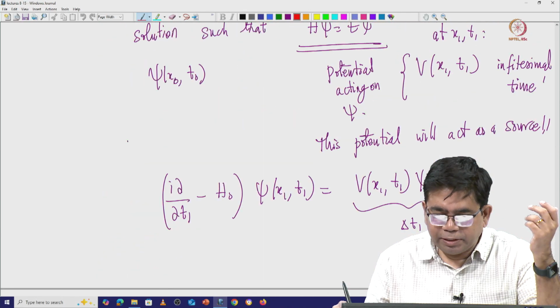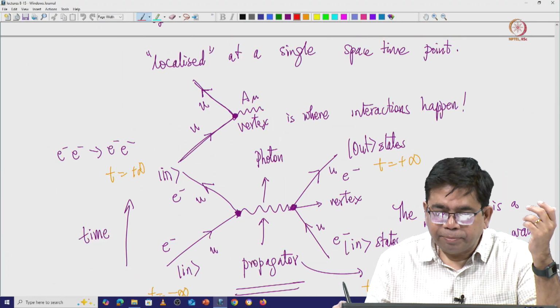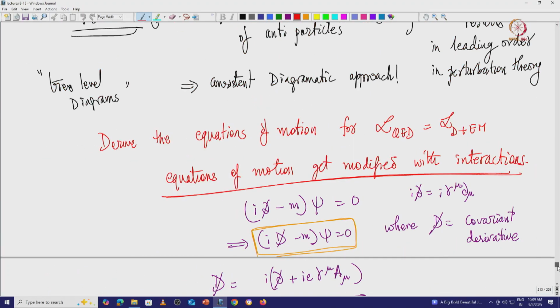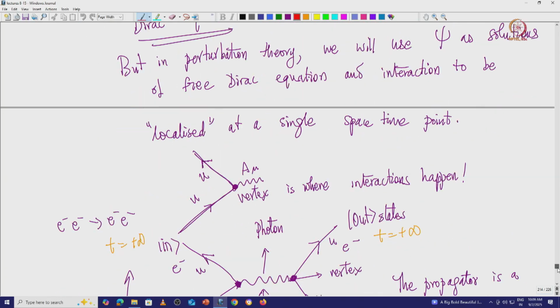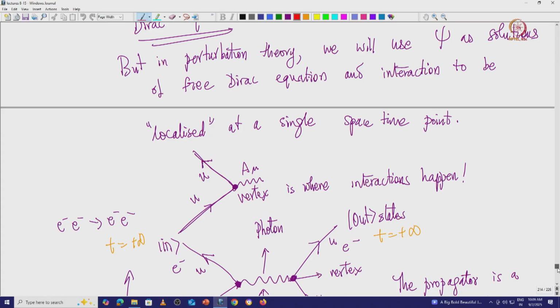So, the first step, of course, is to introduce interactions as products of wave functions of different particles.